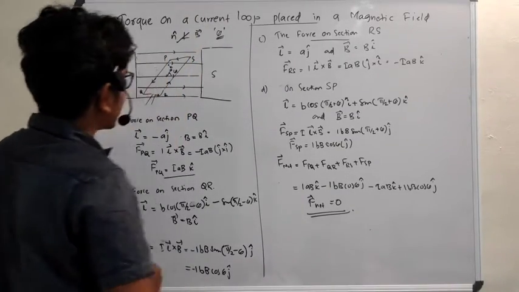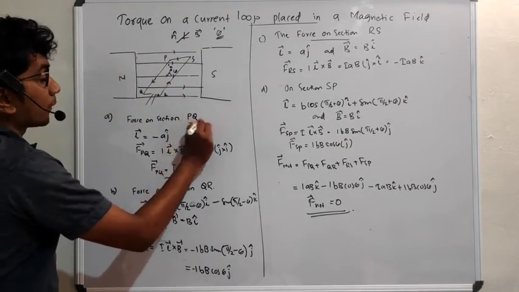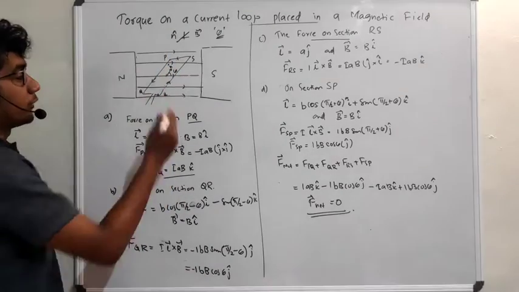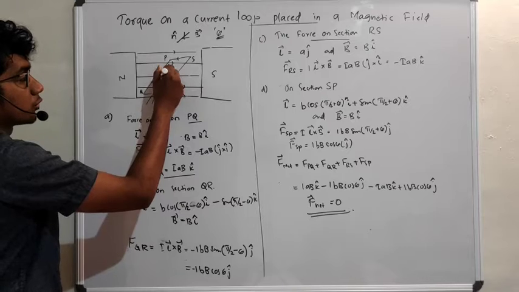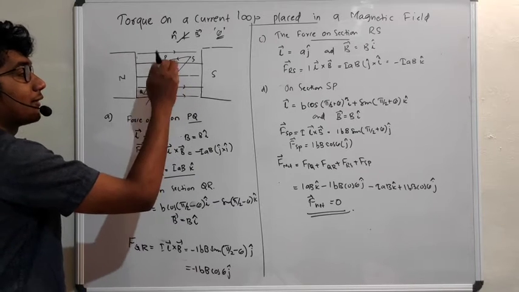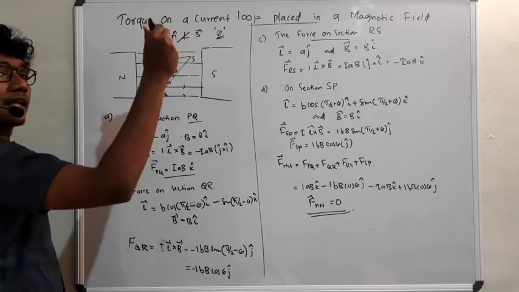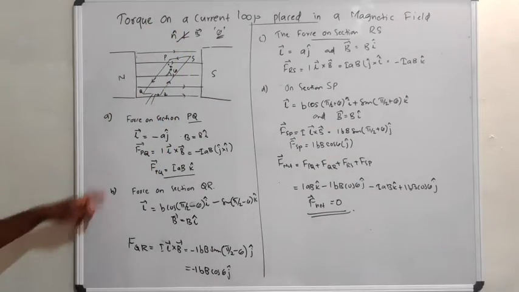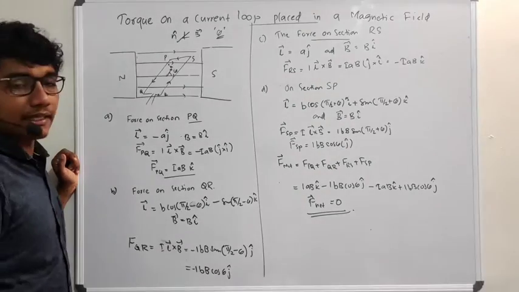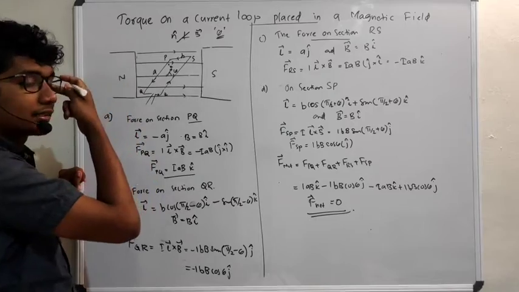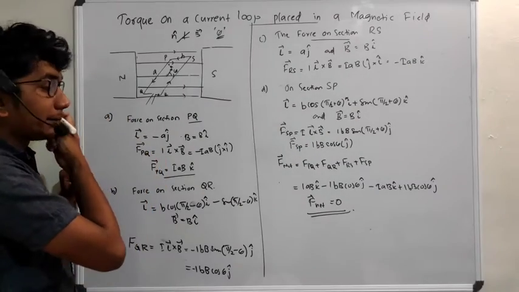Look at this. Force on section PQ. Let's consider PQ. In two dimensions we cannot show that. The n vector is just like this. So L is equal to minus a j, where this side is a and this side is b, and B is equal to B i.